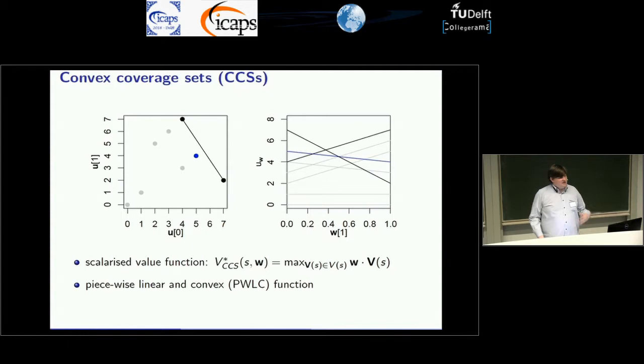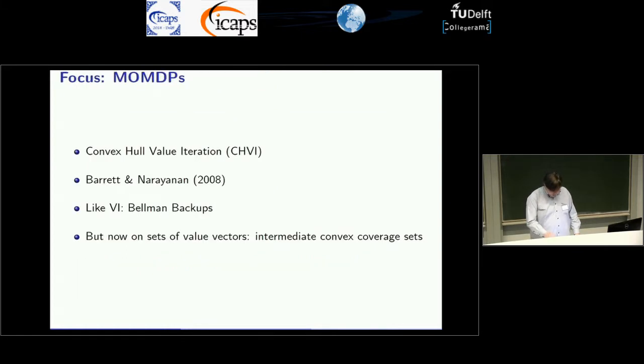And so this means that we can use the same type of linear programs that we use for MDPs. All right, so the state of the art in multi-objective MDP planning is still convex hull value iteration, proposed by Barrett and Narayanan in 2008.